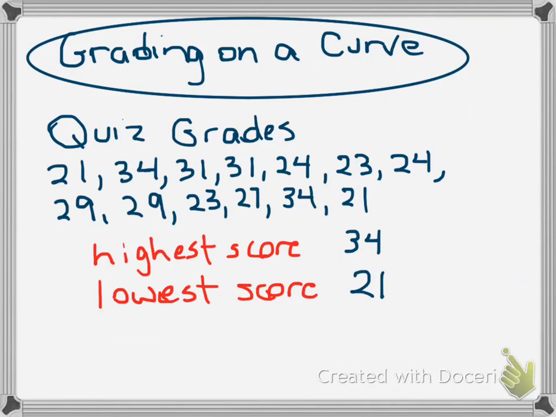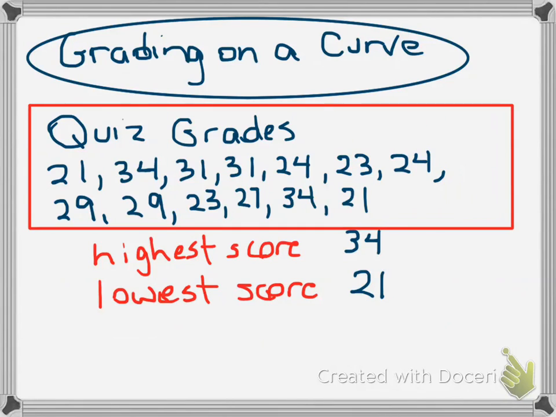Another way we can use standard deviation is when we're grading on a curve. Now, if we take a look at these quiz grades here, we can look at the highest quiz score, and that's a 34, and the lowest is a 21.